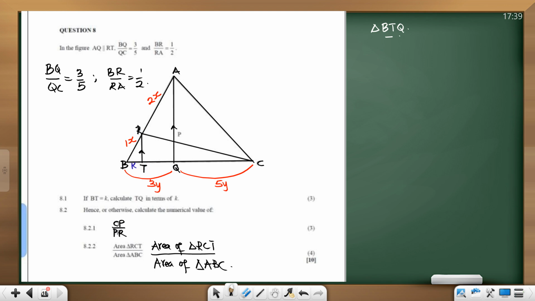No. What am I saying? BAQ, not BTQ. Why? In BAQ, I have my parallel lines. RT is parallel to what?